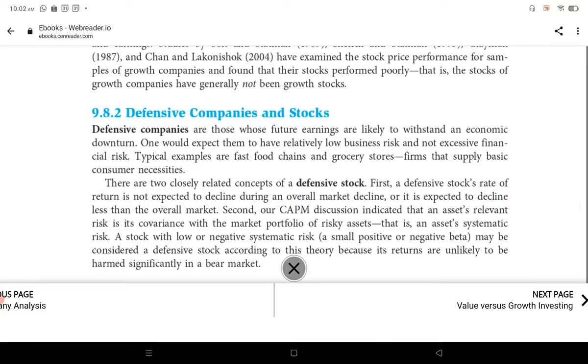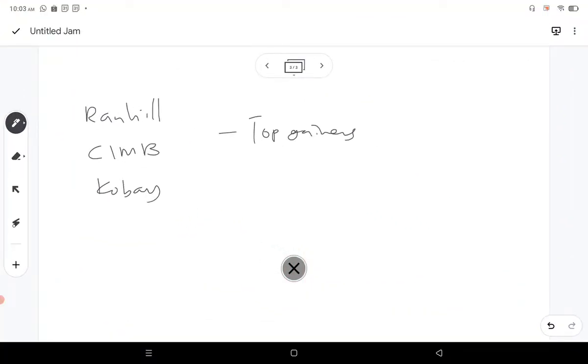Okay, so those stocks normally are in the food chains and normally grocery stores. Kenapa? Whenever the economy is in downturn, biasanya people still keep using their products. So that's why their stock is a kind of defensive in this way, right? So seperti in Malaysia kan, a kind of defensive stock.